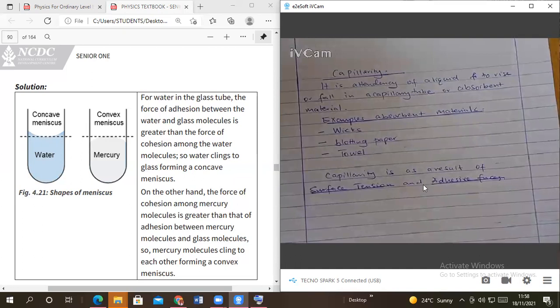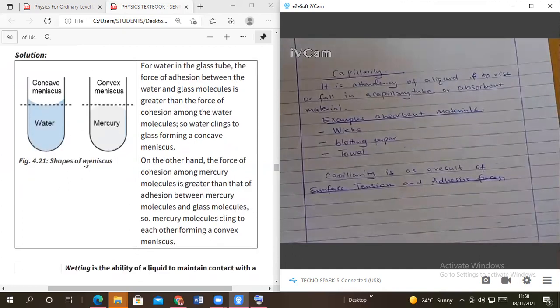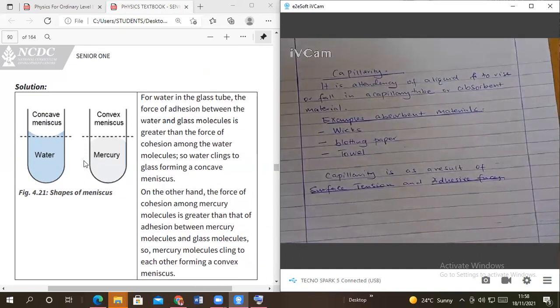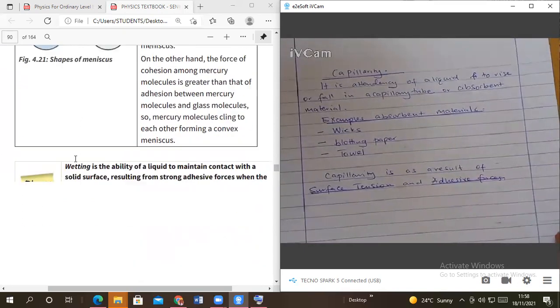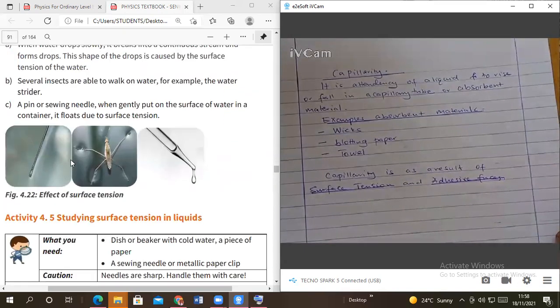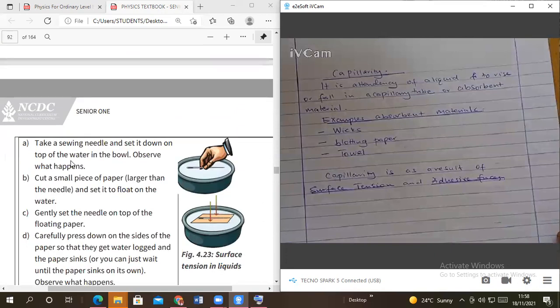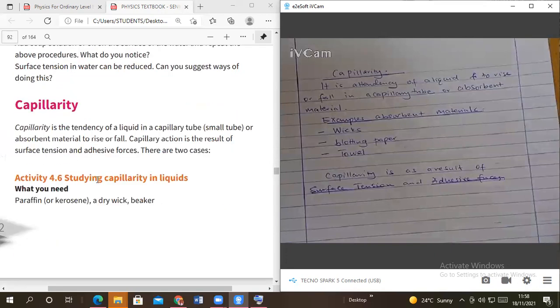So adhesive force is the force that causes that rising of the liquid within the capillary tube. That's why I say it is due to the adhesive force.